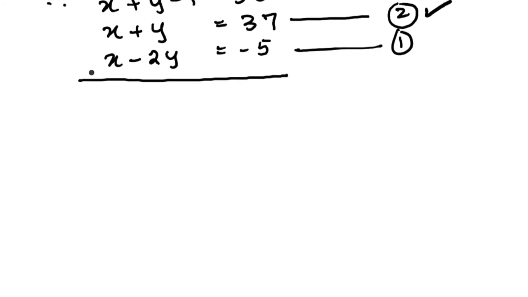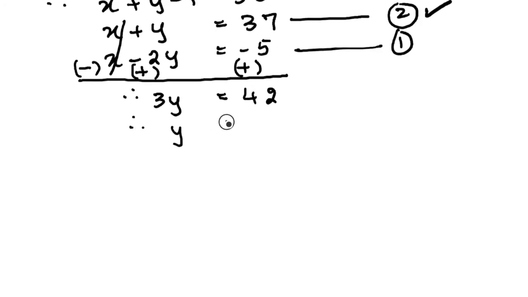We will eliminate x because both of them have the same coefficient, but for that we will have to subtract the first equation from the second equation. So this x gets cancelled, and we have therefore 3y is equal to 42, 37 plus 5, and therefore y is equal to 42 upon 3, which is equal to 14 centimeter.